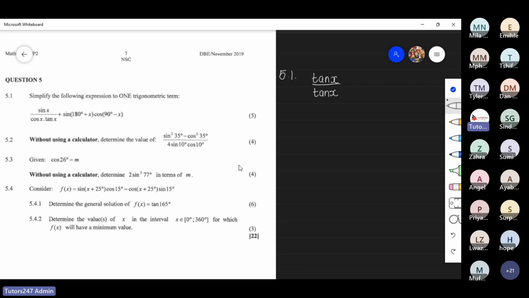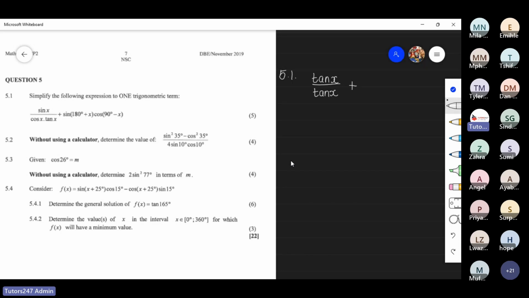Now, the next part we have plus sine of 180 plus x. So when we are reducing 180 plus x, we need to ask ourselves what quadrant is 180 plus x. So we know that quadrant 1 is x, quadrant 2 is 180 minus x, and quadrant 3 is 180 plus x.